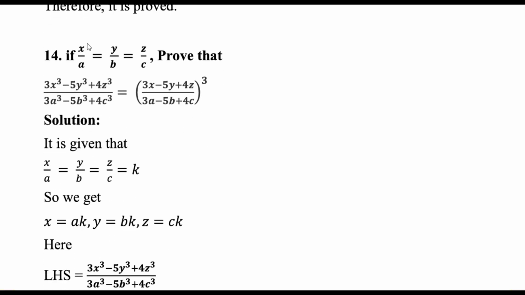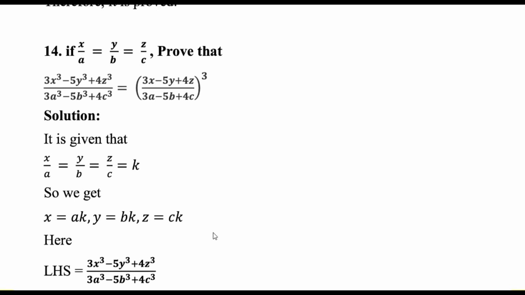If x by a is equal to y by b is equal to z by c, prove that this one is equal to this one. So as we know, we have to put here k. So x by a is equal to y by b is equal to z by c is equal to k. So x will be ak, y is equal to bk, z will be ck.